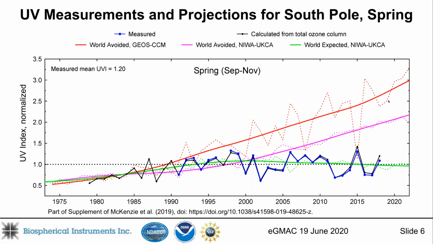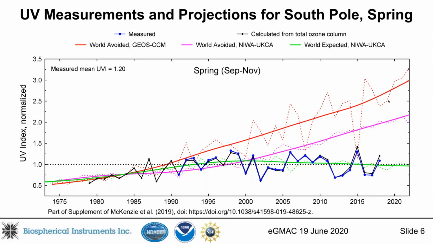The black curve is the UV index calculated from the ozone data, and you see very, very good agreement between the measurements and that data set, which basically tells us that the variability in the UV index is caused by ozone. Now, if you look at the world expected simulation, which is the green data set, you see an increase between the start in about 1975 and 1991 when the UV measurements started, but not much change after that.